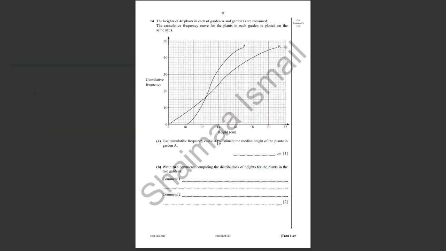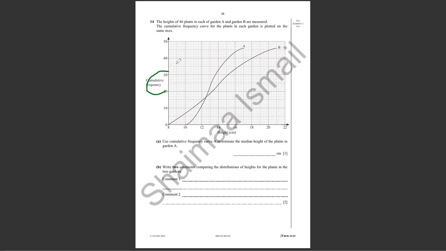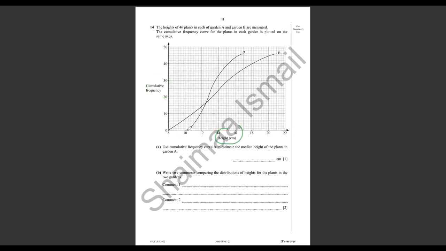Number 14 here, statistics. Here he gave you cumulative frequency and the height of plants in a garden. The height of 46 plants in each garden, A and garden B, are measured. I think B is growing more than A, it's clear.